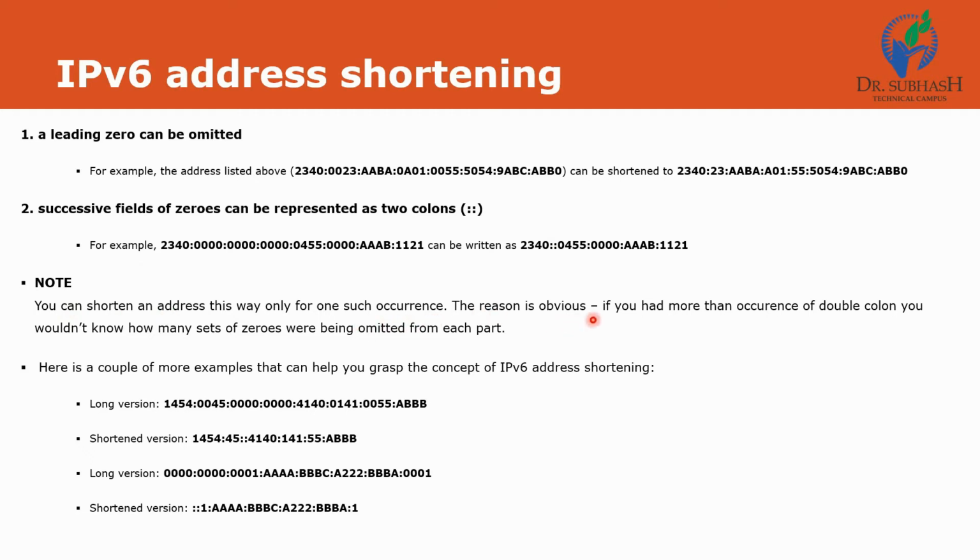The reason is obvious: if you had more than one occurrence of double colon, you would not know how many sets of 0 were being omitted from each part. So I will simplify that. We can use this double colon once in a shortening technique, right? If there are zeros available in one place and zeros also available in another, we have to write them like this. Got it?